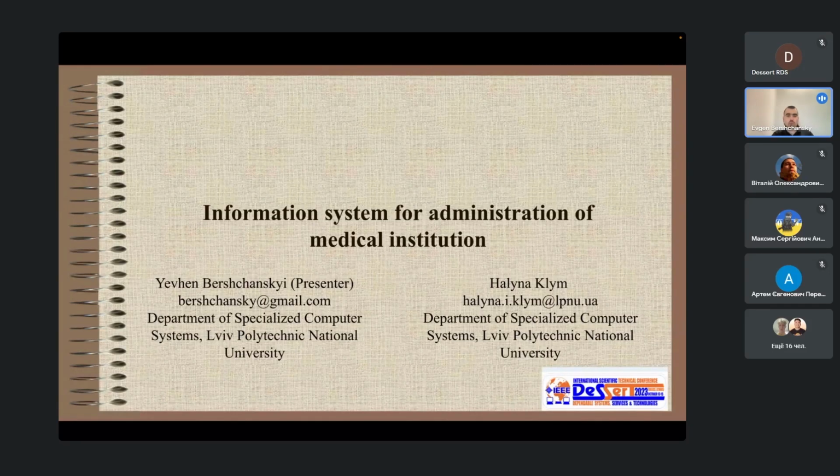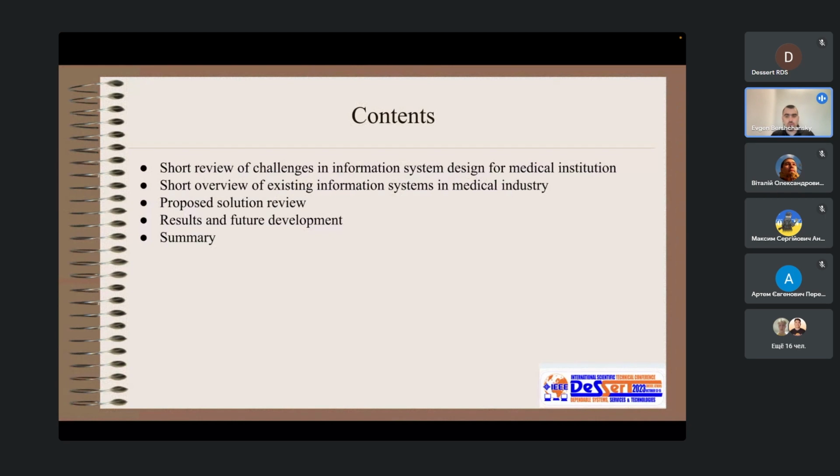Before we move on, I would also like to give you a brief introduction to what a medical system is, the classification and types of medical systems, some existing solutions, and compare some solutions of medical information systems. After that, we will move on to the proposed solution of an information system based on cloud infrastructure.